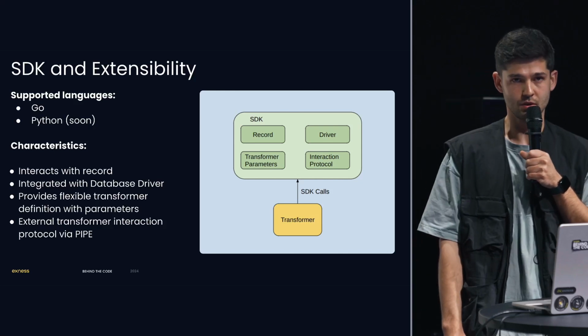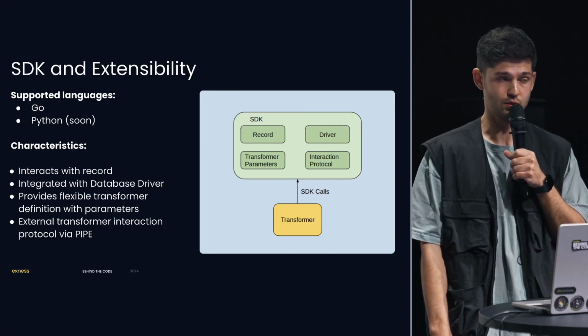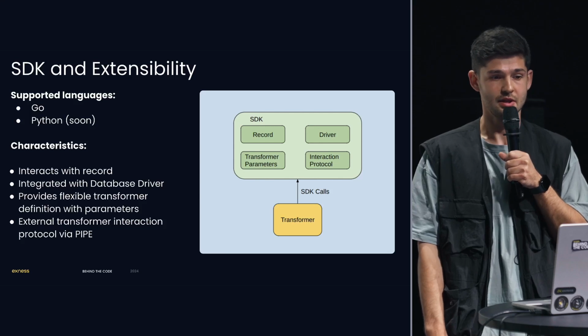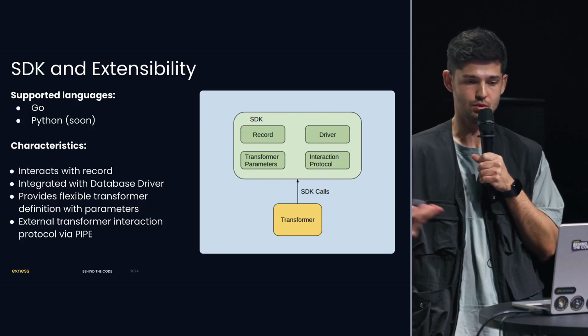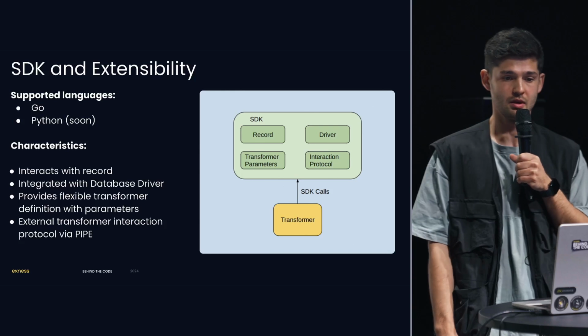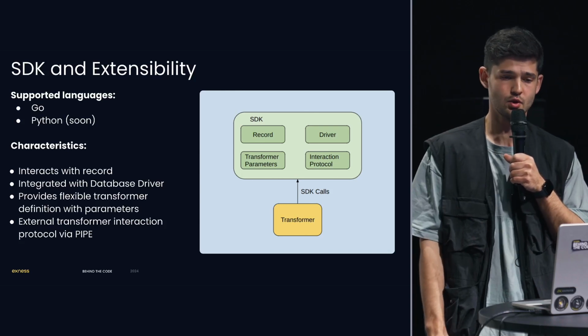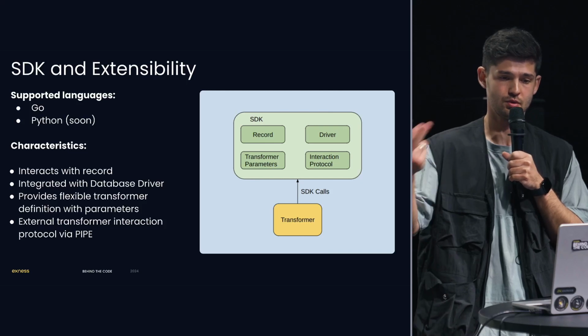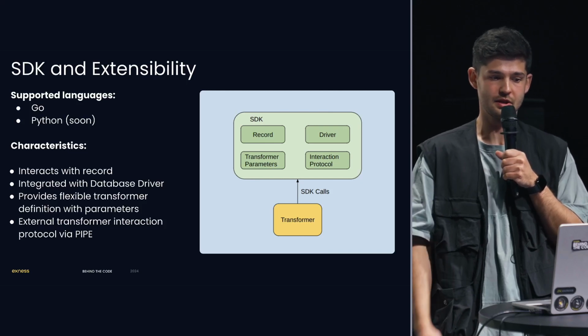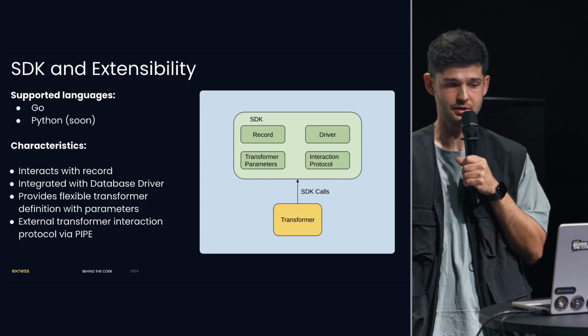It also allows you to define the transformer and its parameters. It is quite strict and allows you to deal with transformations well. Also, for external transformers, it allows you to interact with the pipe protocol like stdin and stdout.